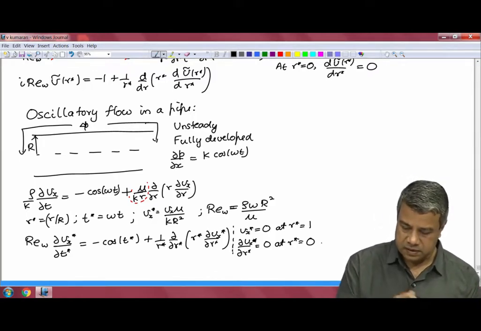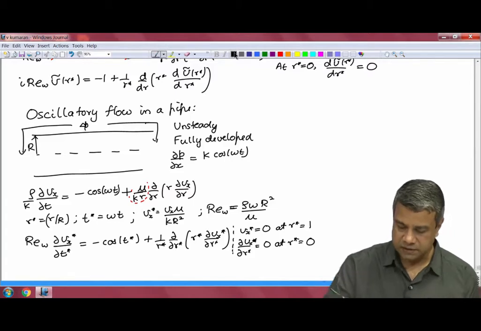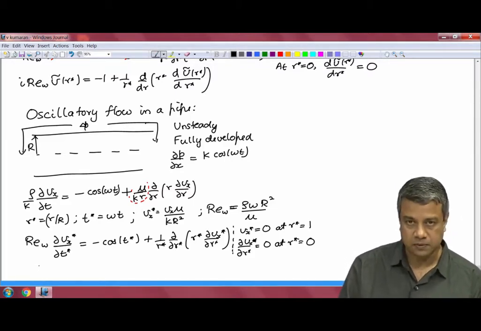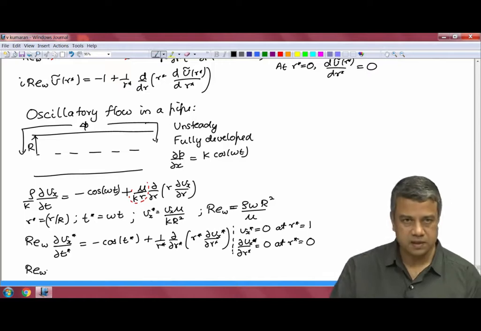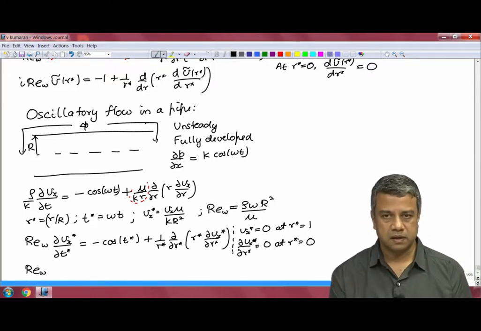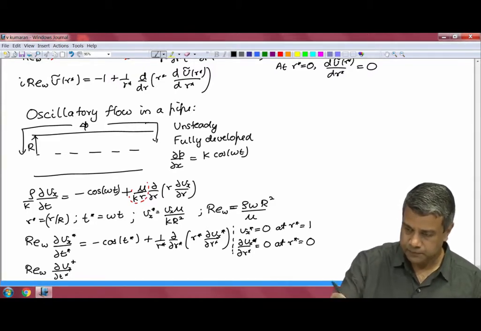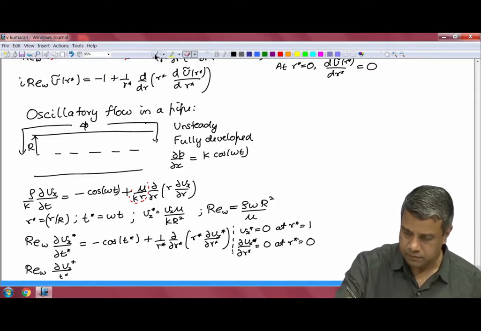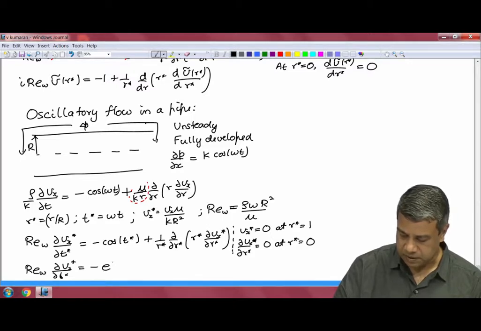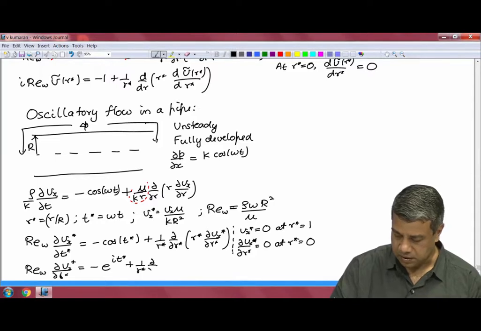If you recall, in the last lecture, instead of solving this equation, we had framed an alternate equation, which is a generalization of the equation that we had, that is, partial V x plus by partial t is equal to minus e power I t plus 1 by r d by dr of r partial V x plus by partial r.